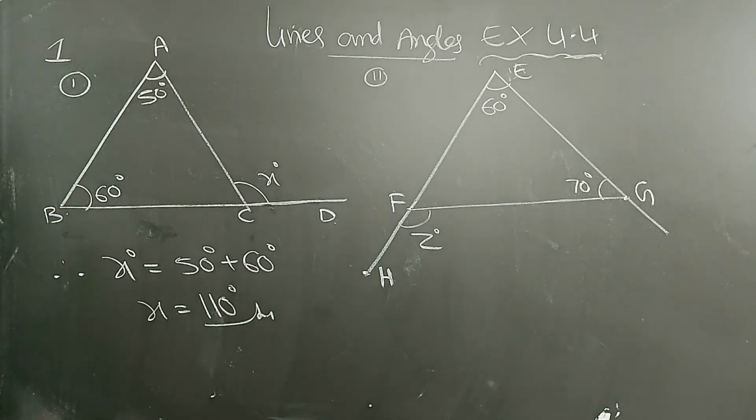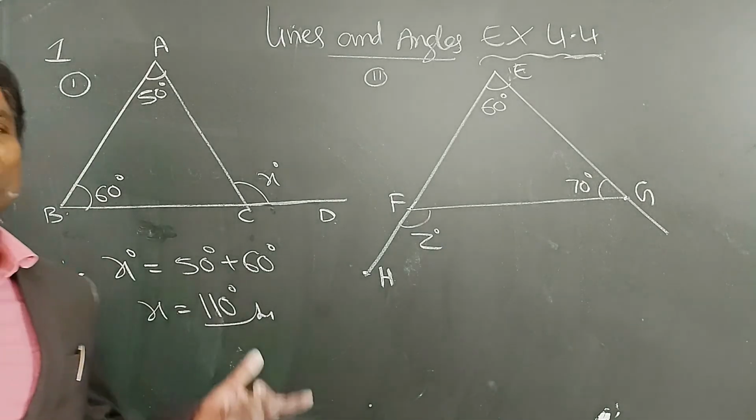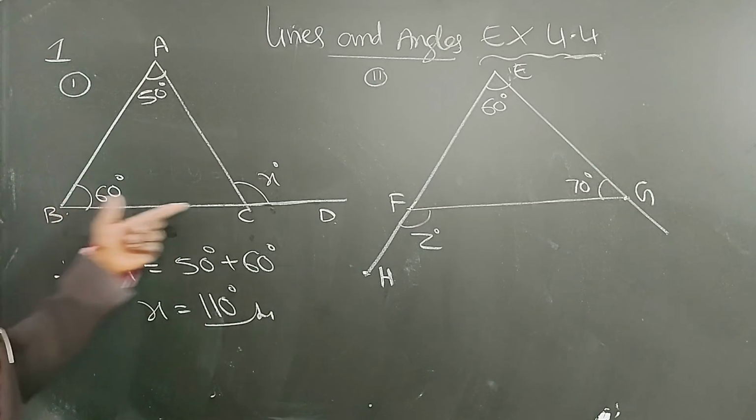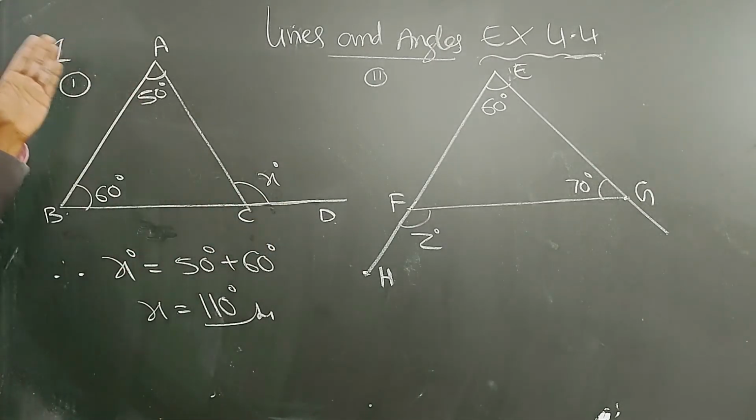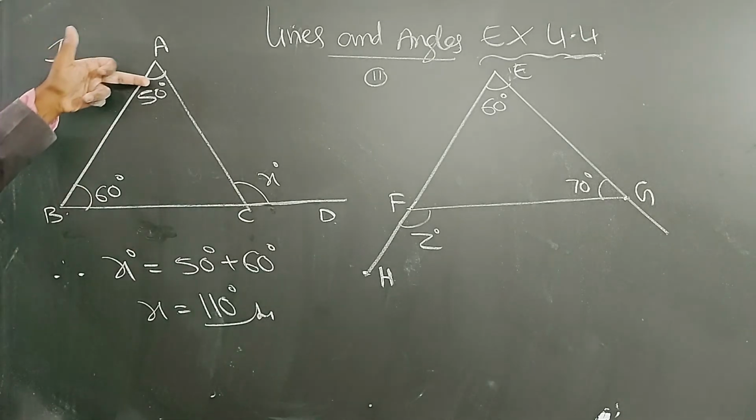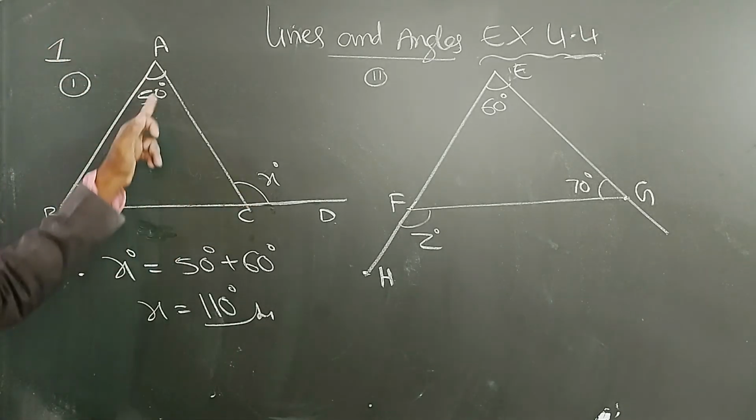Therefore, every time if you write that statement, you can remember it. So this exterior angle formed is equal to the sum of two interior opposite angles. Now don't include this, opposite, this plus this. X is equal to 50 plus 60.